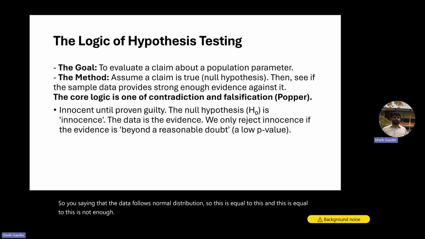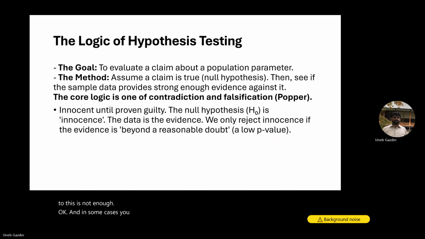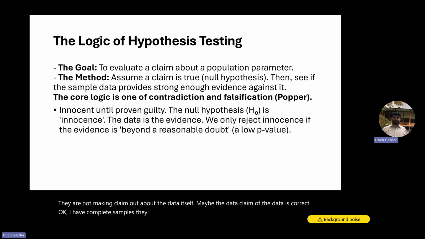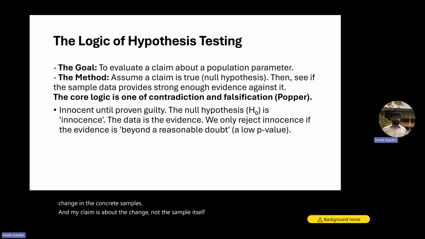And in some cases, you are making a claim about the change in the data. You're not making a claim about the data itself. Maybe the claim of the data is correct. I have concrete samples, they follow normal distribution. Correct. And now I have made a change in the concrete samples. And my claim is about the change, not the sample itself, what this change is doing.